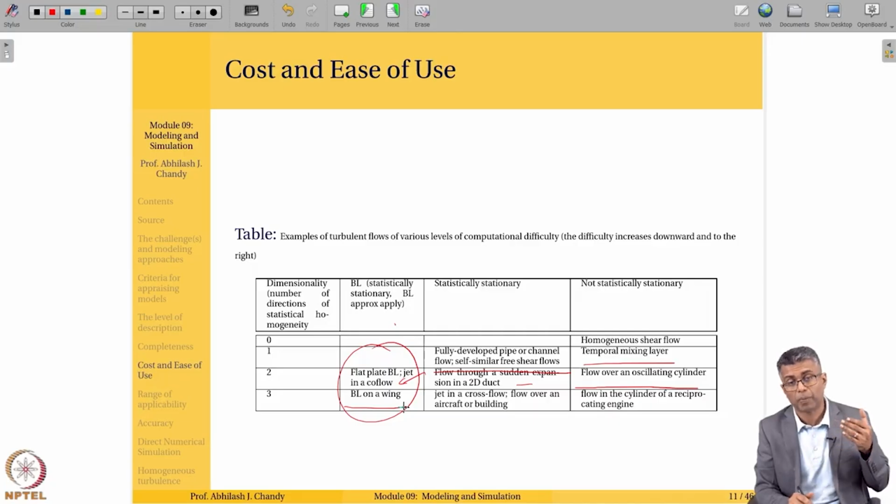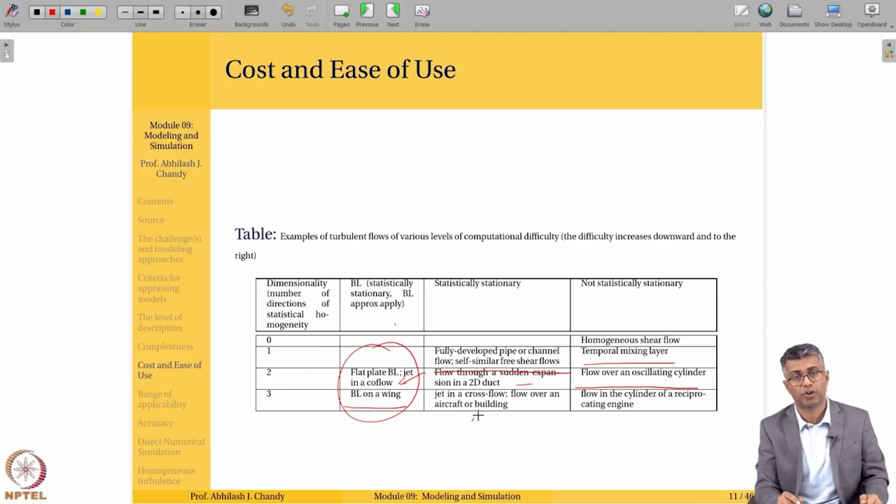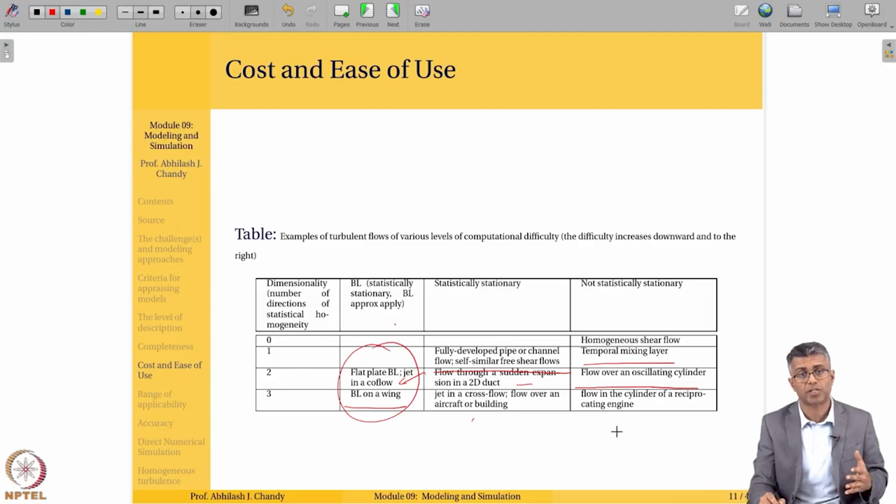Where it does not apply and the flow is statistically stationary is a jet in a cross flow or flow over an aircraft or a building. That is 3D, but statistically stationary. Where the boundary layer approximation does not apply and it is not statistically stationary is flow in a cylinder in a reciprocating engine.